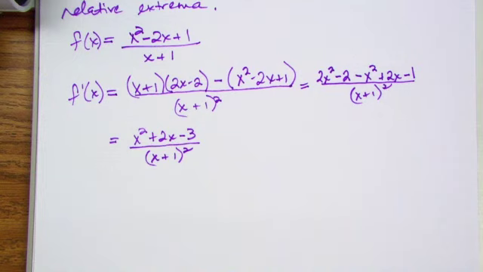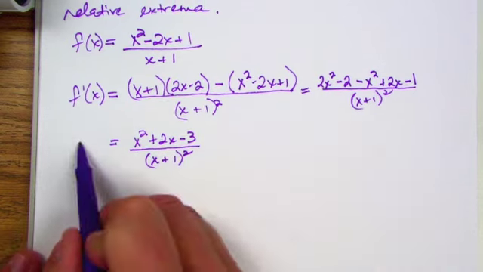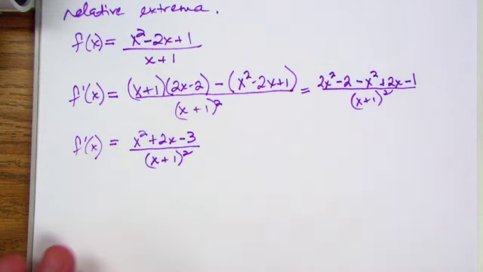Okay, so here's my derivative, right? Here's f prime of x. What do I need to find out about this derivative? Where it's 0 or undefined, right? I've got to know those two things, where it is 0 or where it is undefined. So it's 0 when the top is 0.